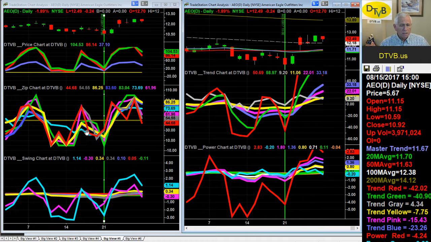In this particular case, Zip Red is already moving up, and we have Zip Green down at 0. And we don't know that it's a pinpoint on this day.